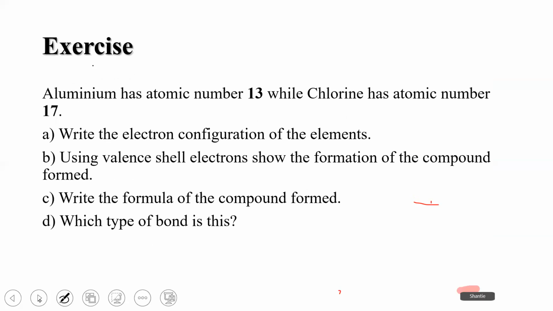So I was asking, what is the definition of valence electrons? Valence electrons are the electrons that take part in chemical bonding. So it's only in chemical bonding.